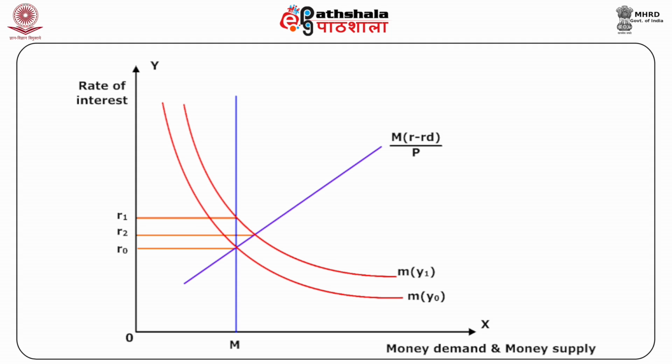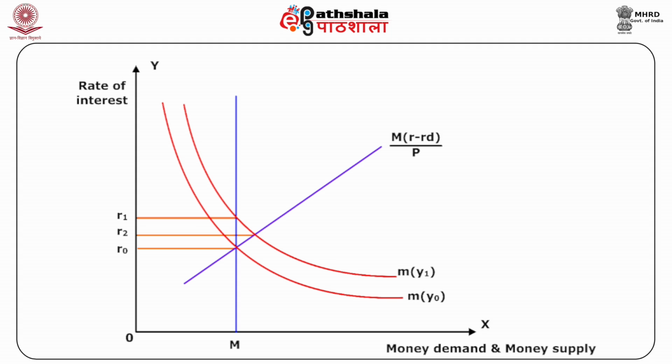The new intersecting money demand function would be small m y1, which is the demand for real cash balances. With the new demand for real cash balances, the upward sloping money supply function would intersect at R2. So the rate of interest does not go up from R0 to R1, which is the case when the money supply is exogenous.